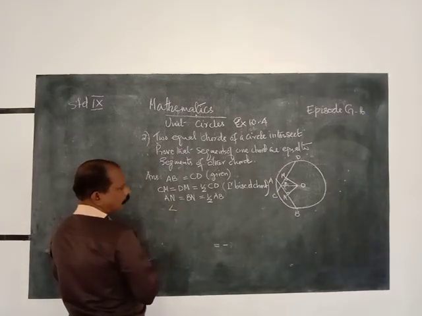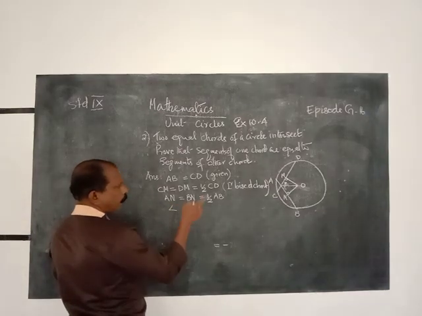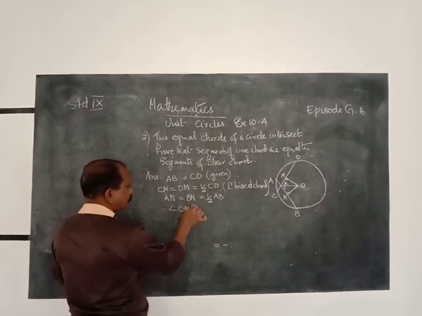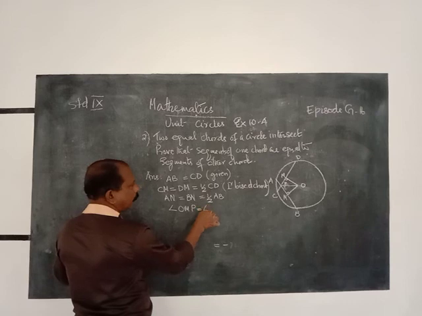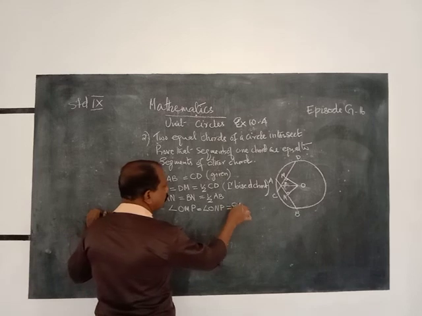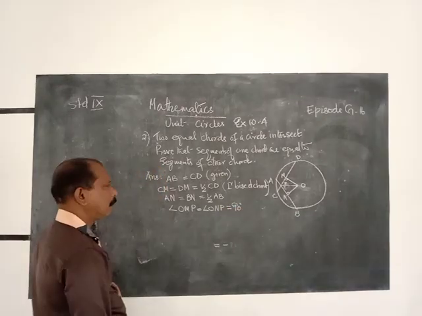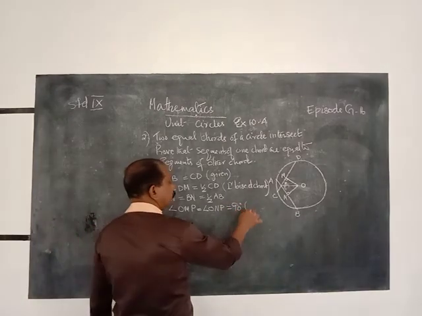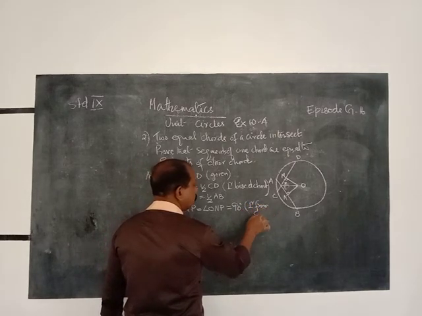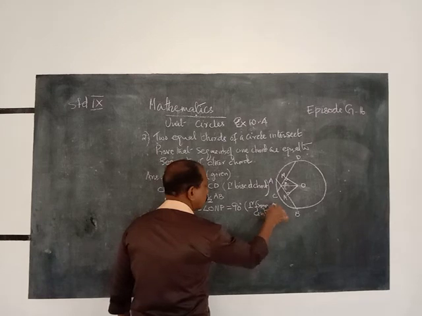Angle OMP is equal to angle ONP is equal to 90 degree. That is perpendicular from center. That is the reason.